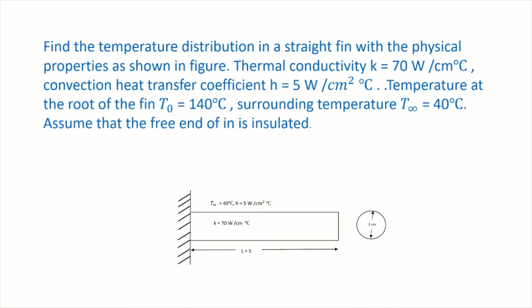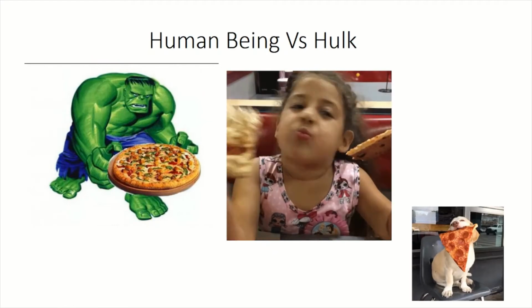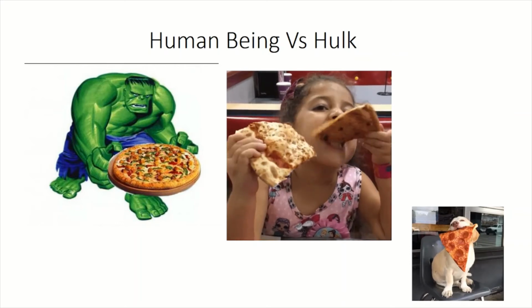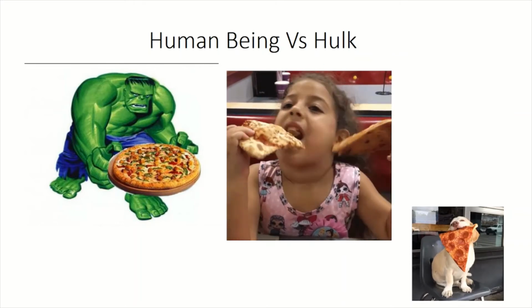From here, the temperature is 140 degree, and surface temperature is 40 degree. So heat loss will take place from the source, 140 degree to 40 degree, because heat flows from higher to lower. That's why it's called high grade of energy. It's common sense. If you are rich only, then you can donate money to the poor. Same concept applies here. Surrounding temperature is 40, and this end is insulated. Got it? So we will consider that.